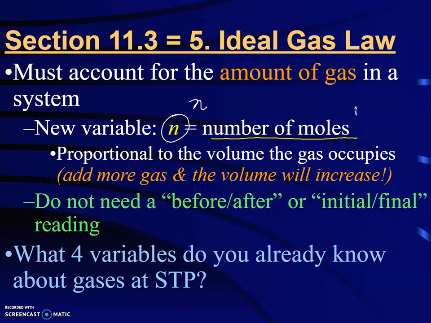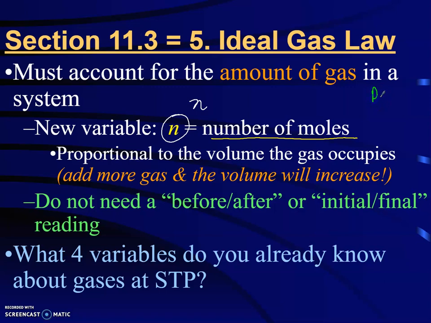So now we can actually start talking about the amount of a gas and how the amount of a gas is going to change all of the gas laws that we've gone over so far. First you have to think about what the amount would do to our combined gas law equation.